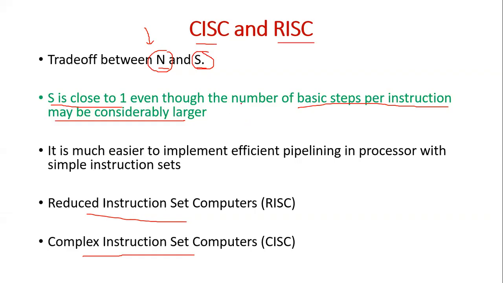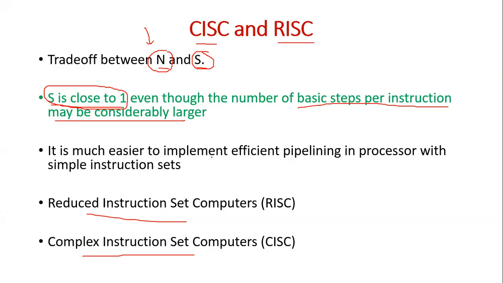By using pipelining, the effective value of S will come to 1. Because when you use pipelining, more than one instruction is executed in pipeline fashion, so the effective value of S will be reduced.